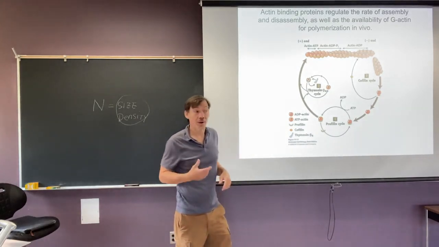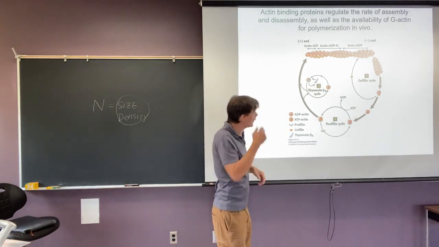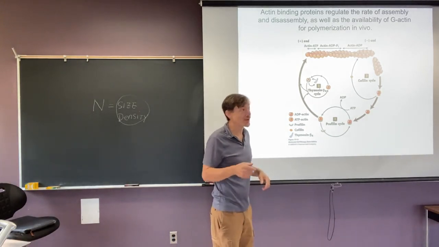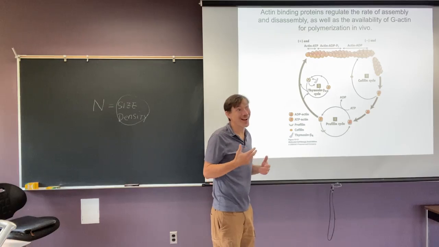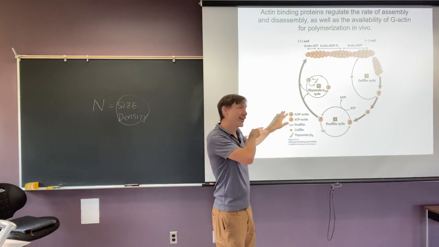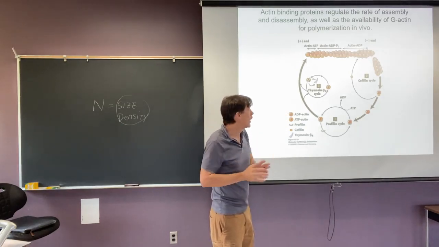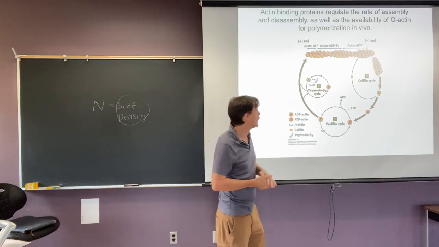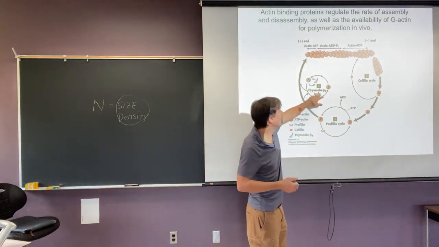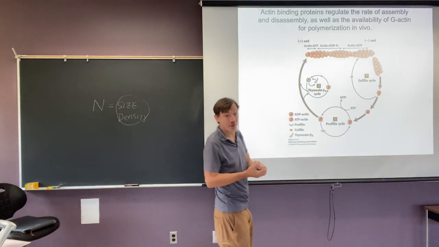One little quirk of actin in cells is the concentration of actin in cells is about 100 times higher than what the cellular kinetics of actin would suggest. And part of the explanation is there's another protein called thymosin beta 4 that buffers actin.